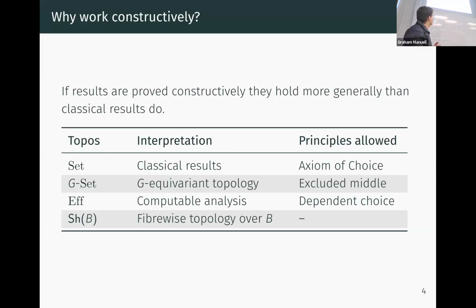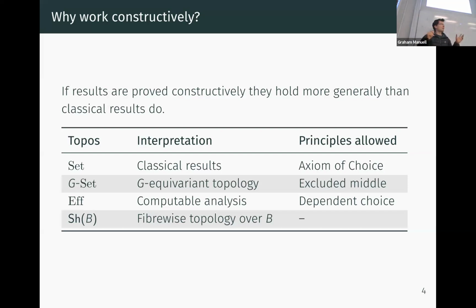The other thing I want to say, this is maybe somewhat more controversial, but I find when I'm proving things and I want to use excluded middle, I'm almost always making a mistake. So when I'm trying to prove a result and I think, it would really be easier to prove this if I just take excluded middle at this point, 90% of the time I'm actually doing something wrong, and I shouldn't have tried to use excluded middle. I should have just tried to prove it constructively.